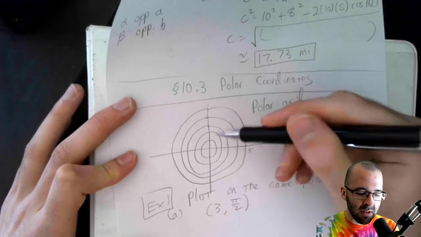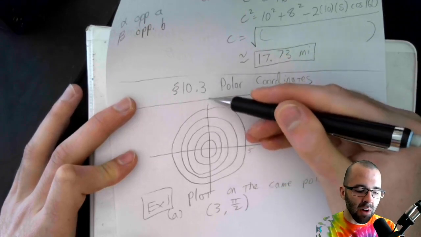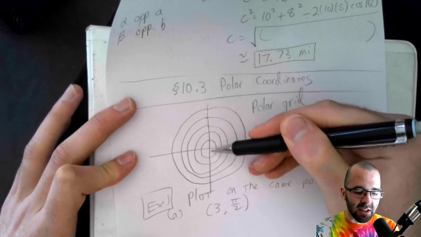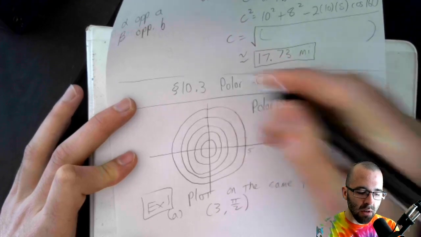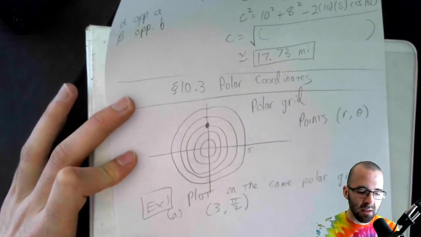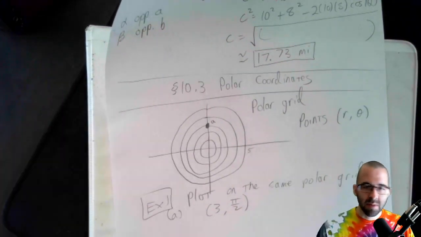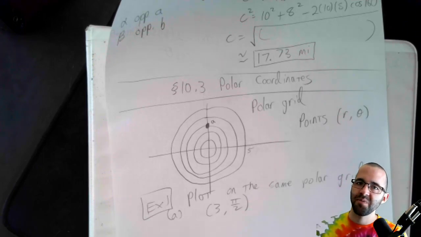Pi over 2 means that we're going to be somewhere over here, 90 degrees. What are all the points with 90 degrees? They're over here. And we need to select the specific one with a radius of 3. We go 1, 2, 3. We'll label that point A because it's part A, right? And that's what polar coordinates are right here.